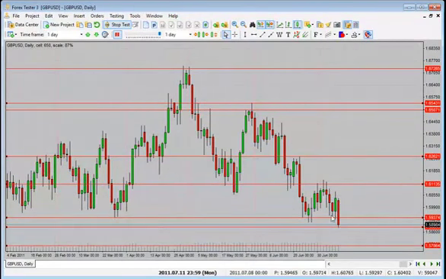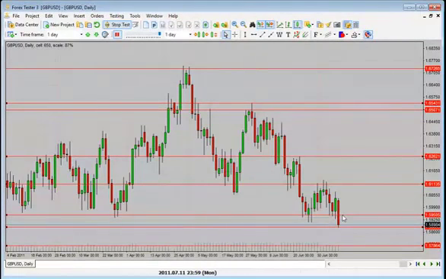Now we have a candle close below our support here. Bearish engulfing candle close, what do we expect? Okay, so here I would look for a bit of a pullback into this support, now turning resistance.